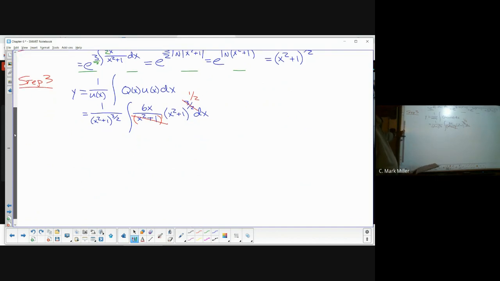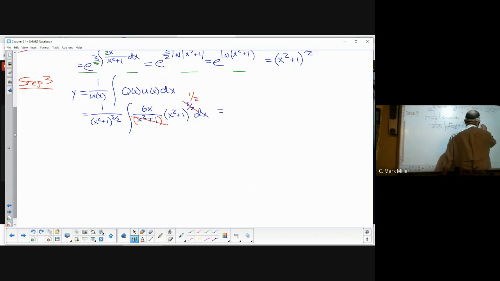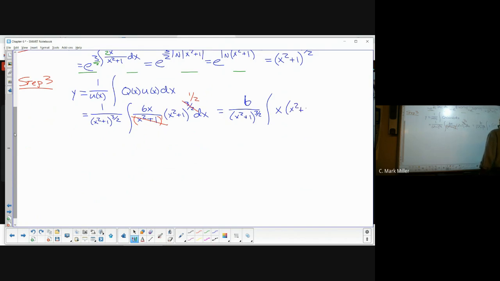We're going to have 1 over x squared plus 1 to the 3 halves, integral. Actually, we're going to bring that 6 out, so we'll put the 6 up here. Integral x squared plus 1 to the 1/2 dx.